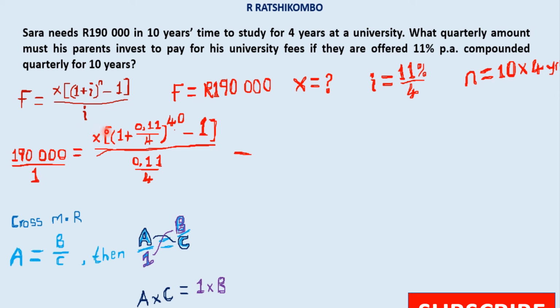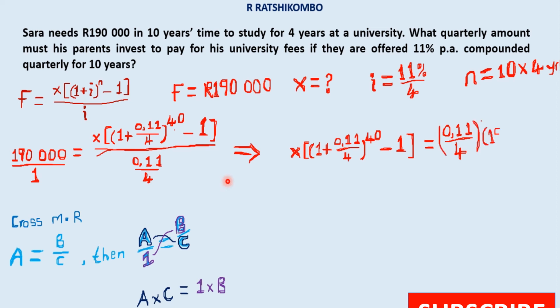So this implies that we can have the whole of the upper part equal to 0.11 over 4, multiplied by 190,000, right?